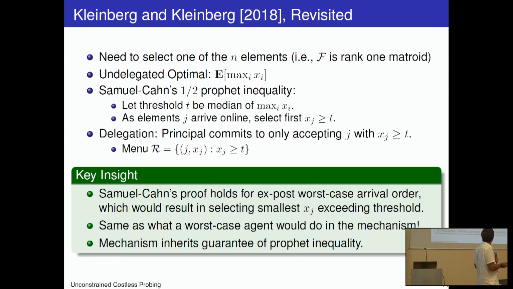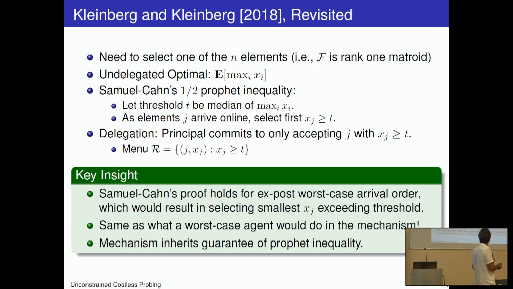One way to look at the key insight of Kleinberg and Kleinberg is the following. This proof of Samuel-Kahn, if you look at it carefully, holds even if there's a very strong adversary that looks at your random variables in the prophet inequality and gives them to you in an adversarial order.